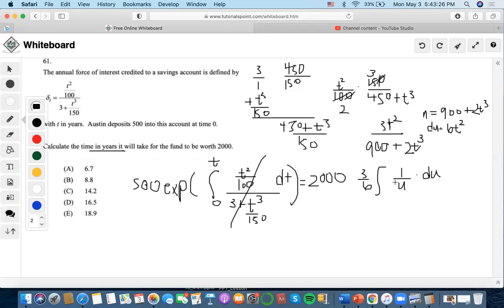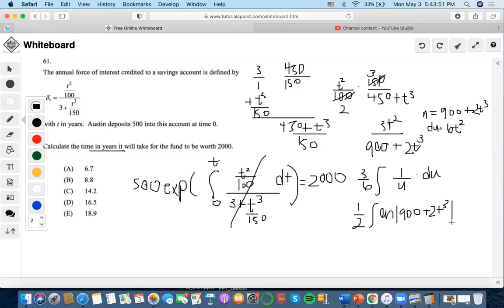This becomes an ln situation. So it will be 1/2 ln of 900 plus 2T cubed.